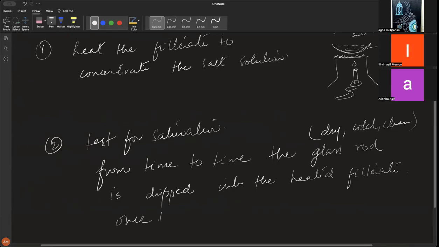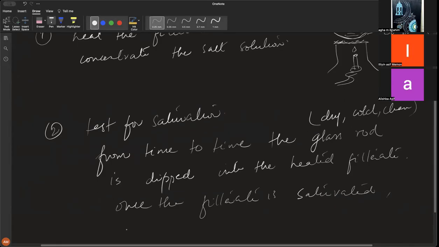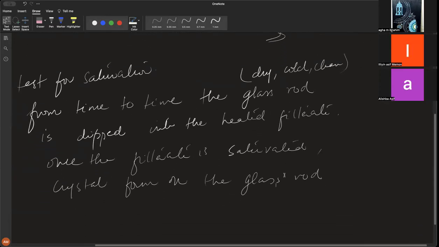Once the filtrate is saturated, or you can say very concentrated, you're going to see crystals form on the glass rod, right?